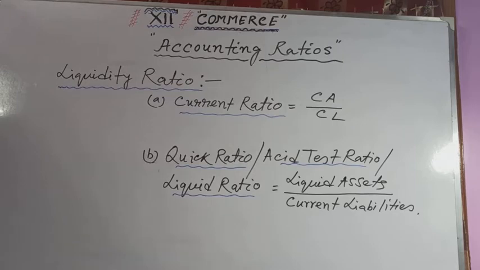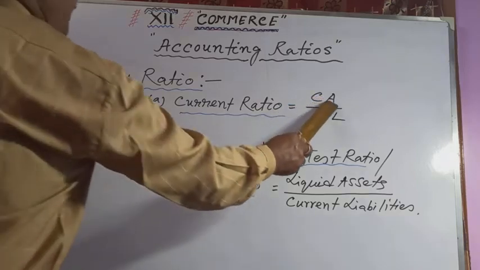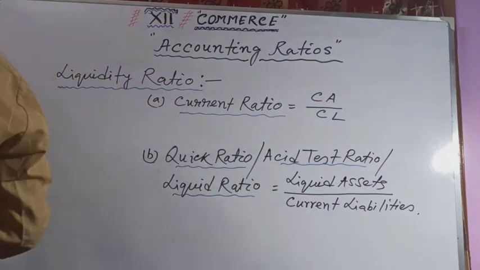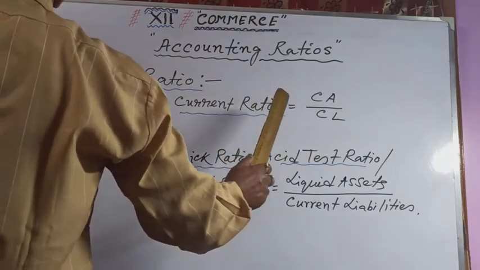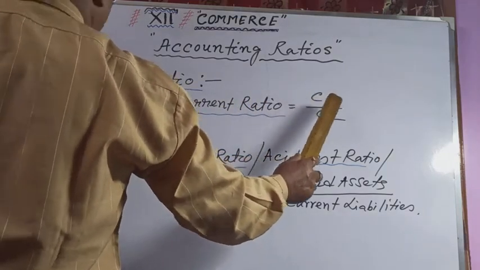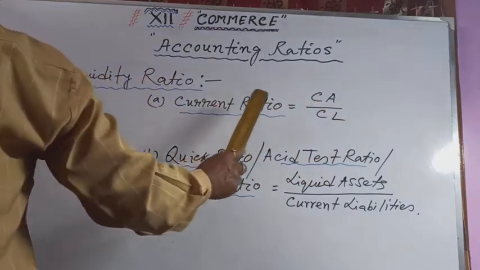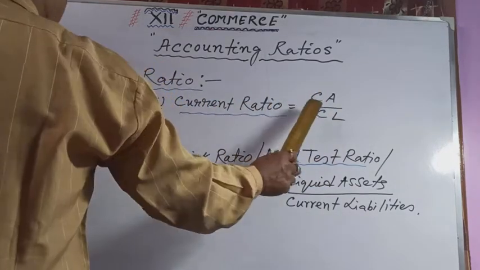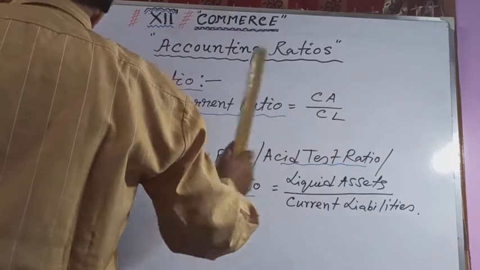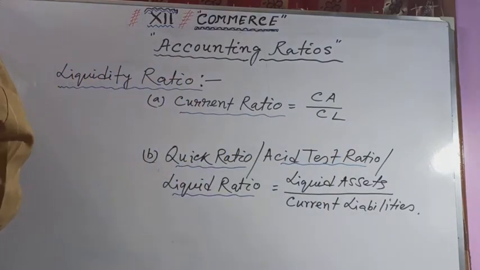Now what are the current assets? Current assets are those assets which are converted into cash within a very short period. For example, current investment, cash in hand, cash at bank, bills receivable or trade receivable, short term loans and advances, and other current assets also.